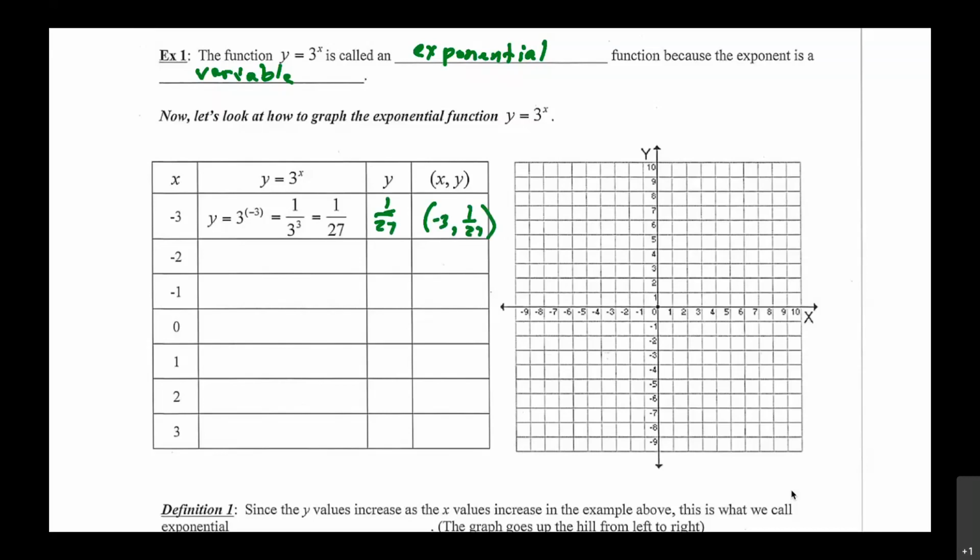If we do another one, same idea for -2. If I plug that in, that gives me 3 to the -2nd power, which is the same thing as 1 over 3 to the +2nd power. And 1 over 3 squared is 1/9. So I plugged in -2 for x and got 1/9 back out as an answer for y.